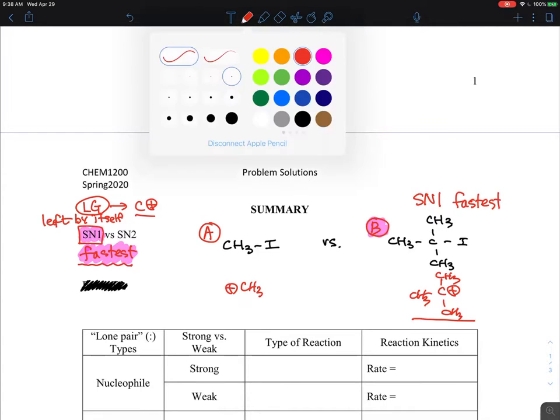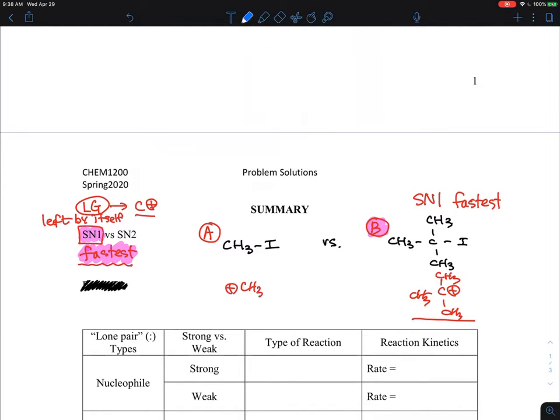So now let me switch gears. What about the other one? SN2 fastest. How about that? For an SN2 reaction, which is a bimolecular reaction, you need essentially a strong push by a strong nucleophile that is trying to push this iodine away.